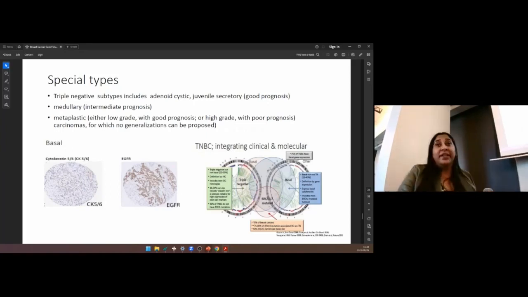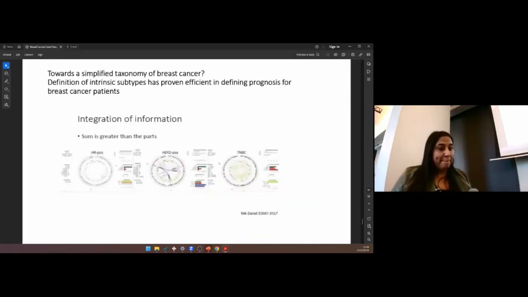Can we actually use surrogates in terms of immunohistochemical analysis to be able to give more information to the clinicians? And there's obviously a lot of integration when it comes to the information gleaned from both the pathology report, sequencing if it's possible, and then treatment outcomes are affected by this.